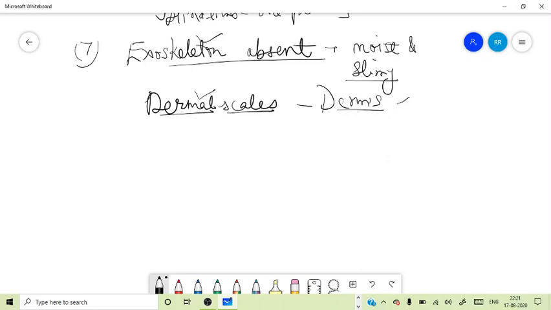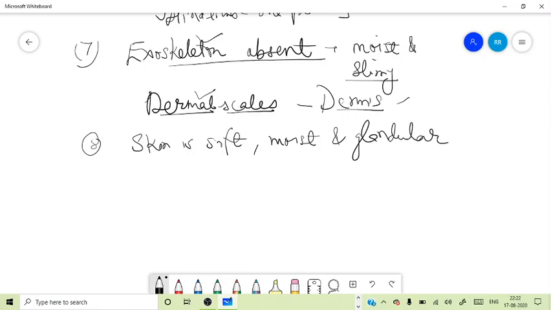Next point, as we have told in the above mentioned point, the skin is soft, moist and glandular. So this is the character of skin. Skin is soft, moist and glandular.